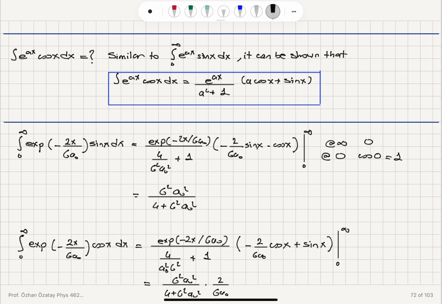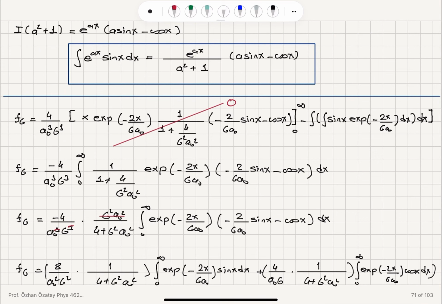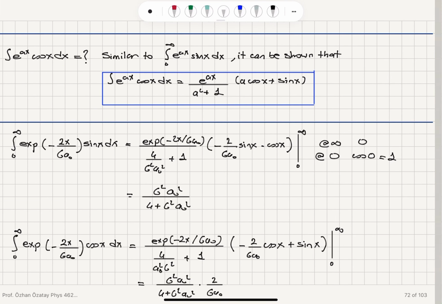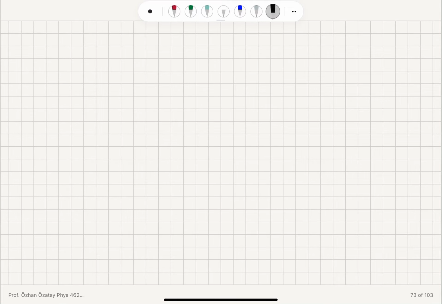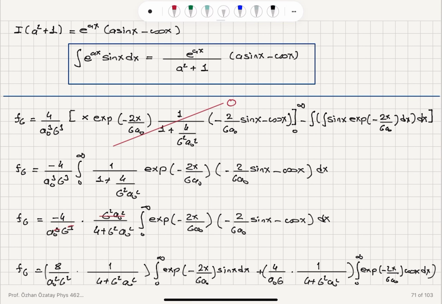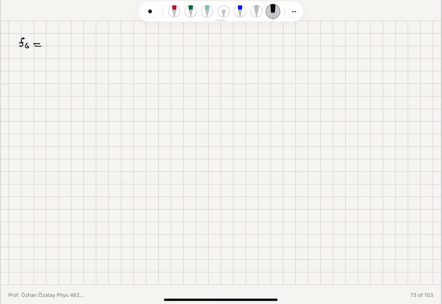All right, so we're done performing these two integrals between 0 and infinity. For this one, we will substitute this result, and for this one, we will substitute this result. Okay, let's do that. The atomic form factor is equal to, so the first term we had was 8 over a0 square g square. So let's keep that here.